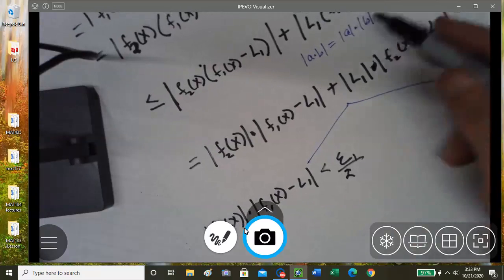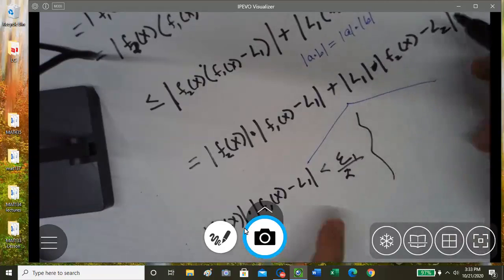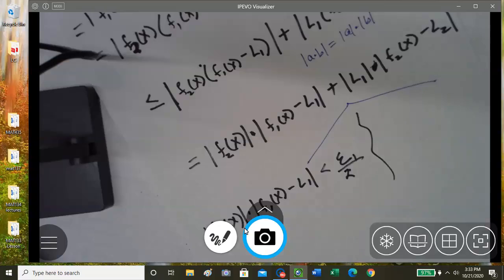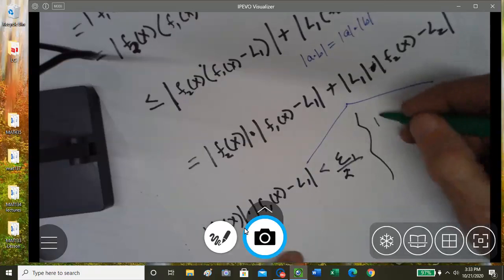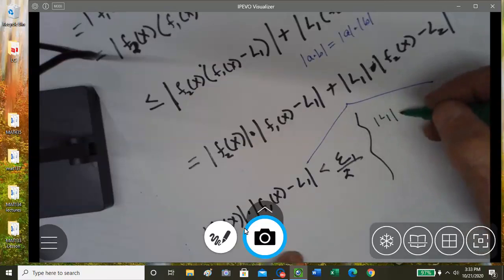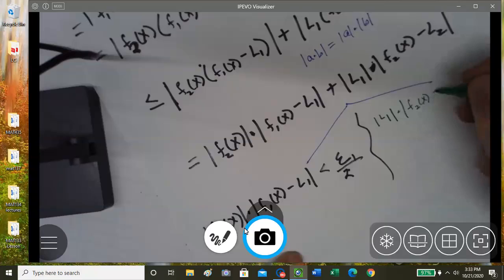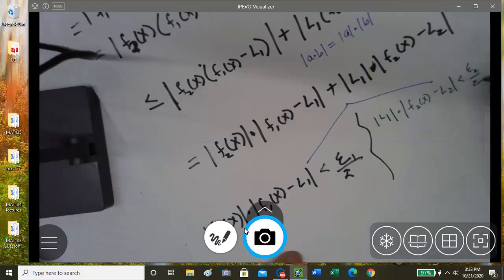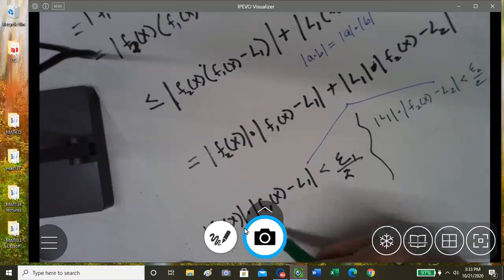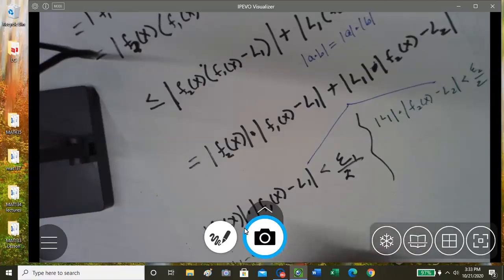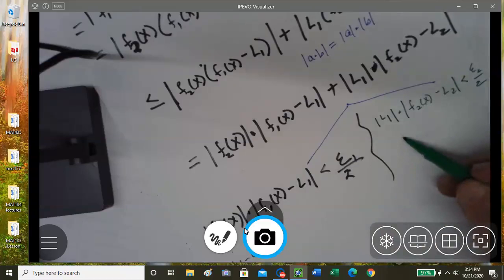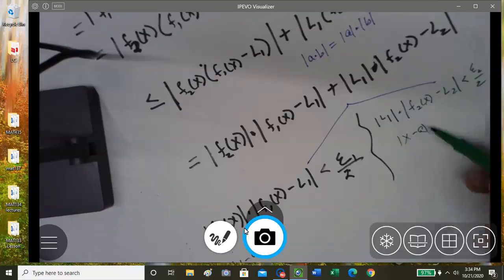And then the right side, we use a different color. This will be the absolute value of L1 times the absolute value of f2(x) minus L2, and that's less than epsilon 2 over 2. And that's for the absolute value of x minus a less than delta 1, greater than 0, and the absolute value of x minus a greater than 0, less than delta 2.